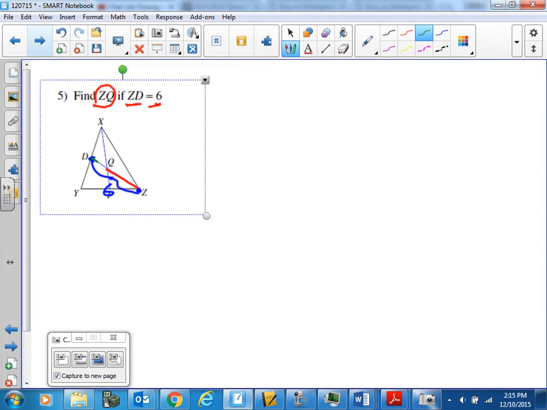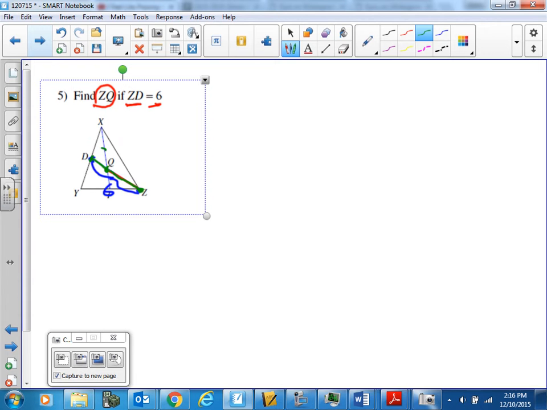DQ and ZQ, you have to have a 2 to 1 ratio. So those segments, DQ and QZ, have to do two things. They have to add up to 6, but they also have to be in a 2 to 1 ratio, which means ZQ is twice or double DQ or QD.